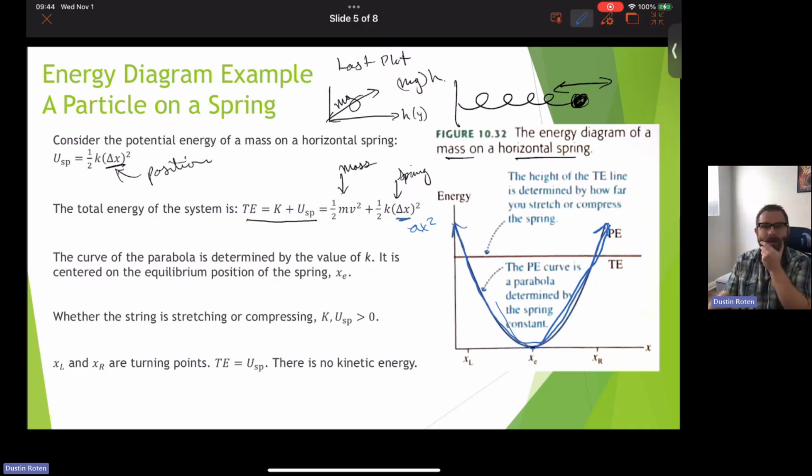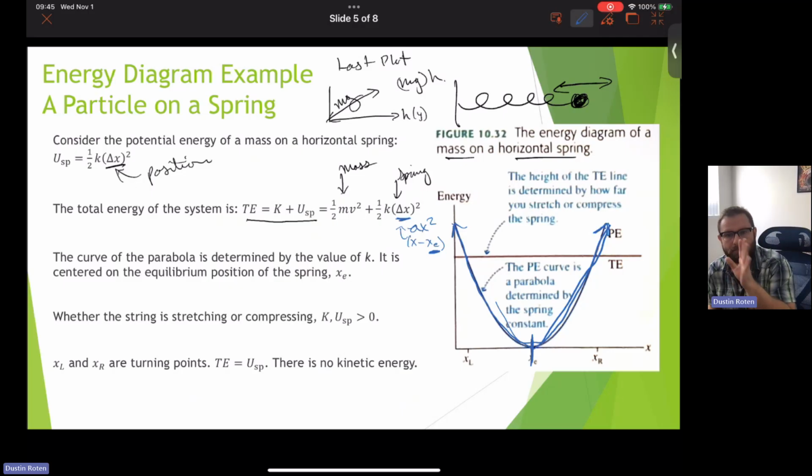Now, you may remember from Algebra 2, since this term is x minus x equilibrium, the delta x, this term here is not a variable, it's a constant. It has one equilibrium position. That's telling us where this parabola is going to be centered in the plot. So that's why it's centered right here at x sub e.